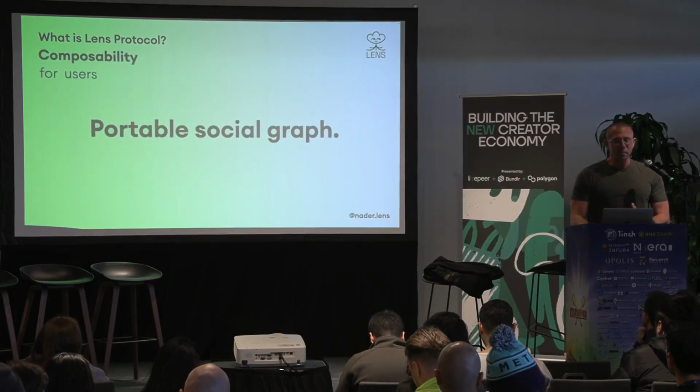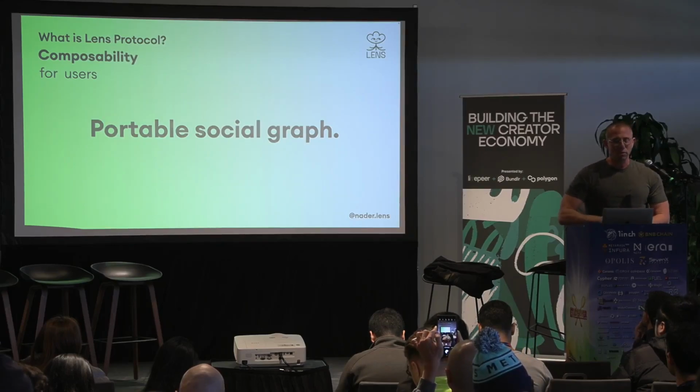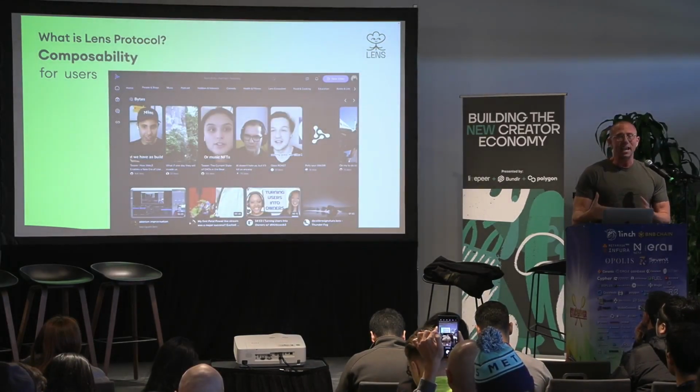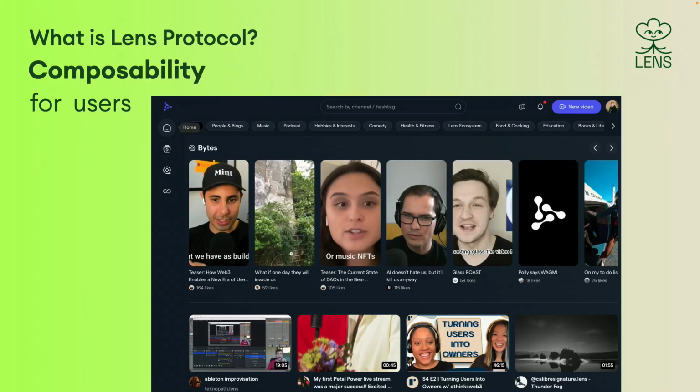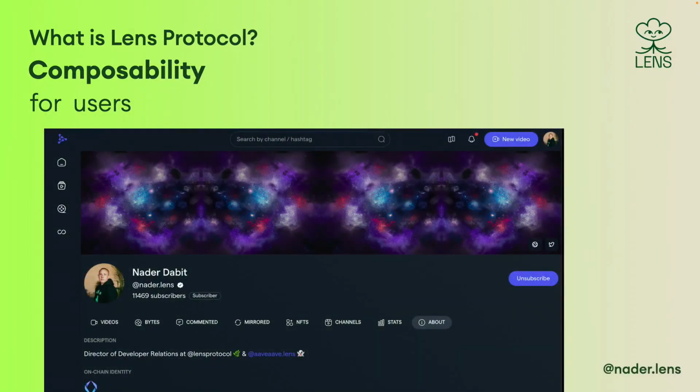Now, for the composability on the user side, one of the main value props beyond having native payments built in is this idea of a portable social graph. When I sign up for TikTok and then a new social network comes out 2 years later, I may have gained 100 million users on the first one, but I'm starting from scratch on the new one. But with Lens, or any Web3 social, and when I say Lens, I'm working with Lens and I'm a huge fan of it, but these ideas are across all of the Web3 social protocols out there, when someone launches a new application, you have a built-in user base on every one of those apps.